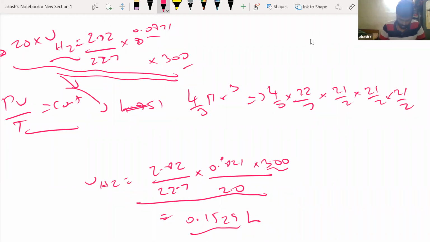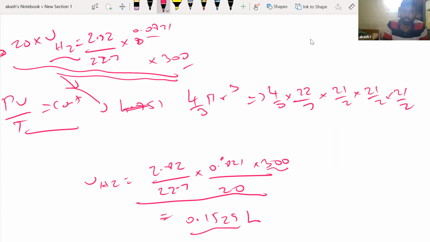Equal to, divided by, this 4 by 3 is 21, and divided by 2, divided by 2.